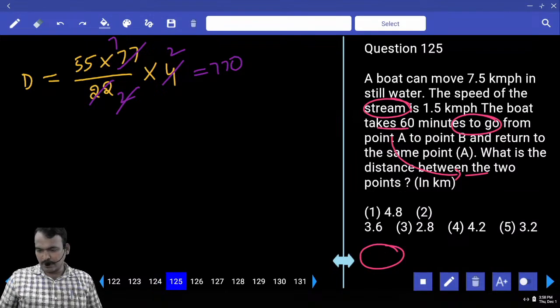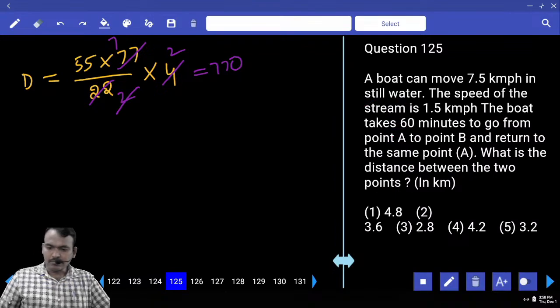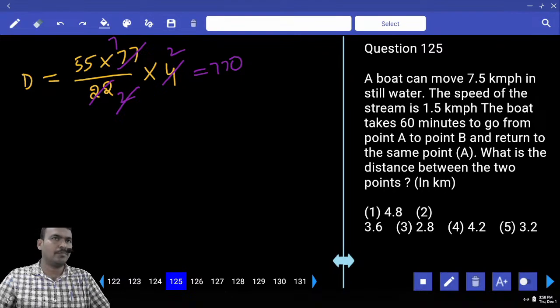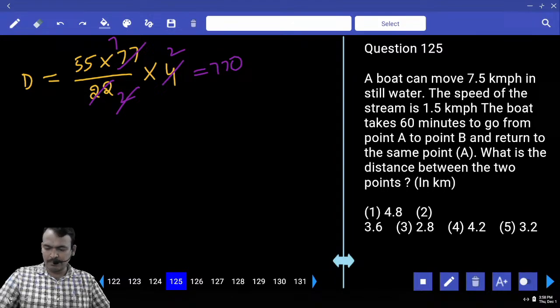Next question number 125. A boat can move 7.5 km per hour in still water. The speed of the stream is 1.5 km per hour. The boat takes 60 minutes to go from point A to point B and return to the same point A. What is the distance between the 2 points?